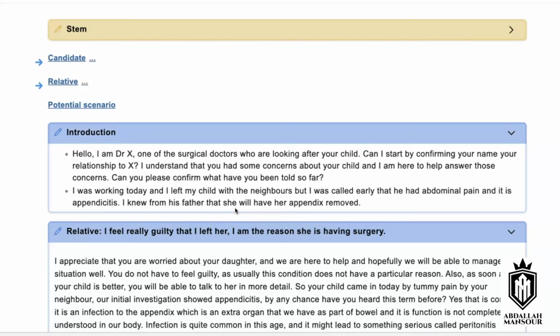Most of the time, we don't know the exact reason, and it's very common at this age group. Of course, we don't know yet if it's confirmed or not. So I would advise you not to feel guilty, and on the other side, she's currently in safe hands, we will be able to operate and get her sorted.